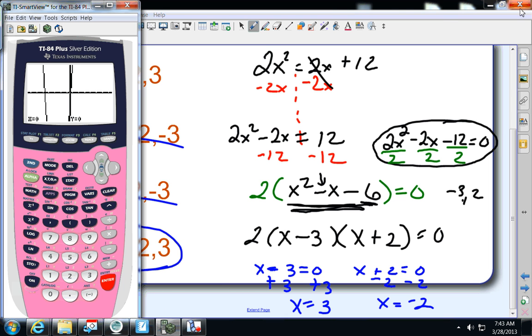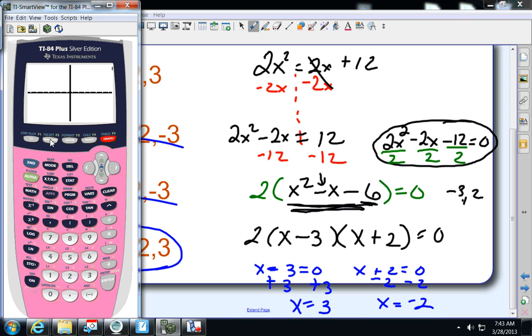Now, I also can go in the calculator to double check and make sure I did it right. Because on the test, if it says solve by factoring, I have to see all of this. But you need to make sure that you have your roots right. And the way you'll do that is put the original problem in there, obviously after it's solved for 0: 2x squared minus 2x minus 12. And press graph.